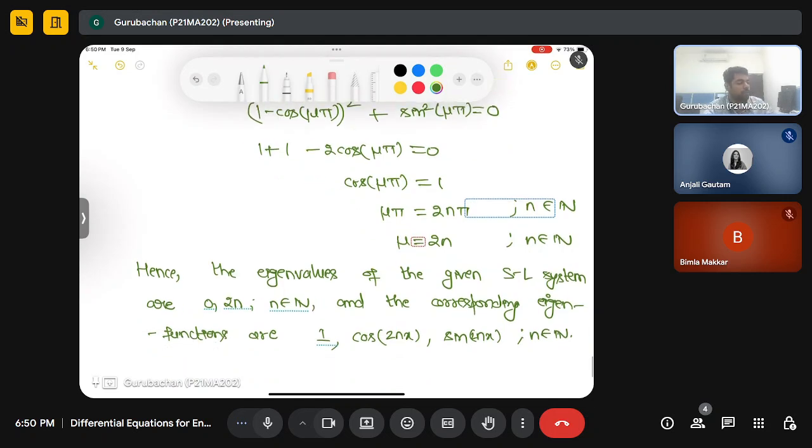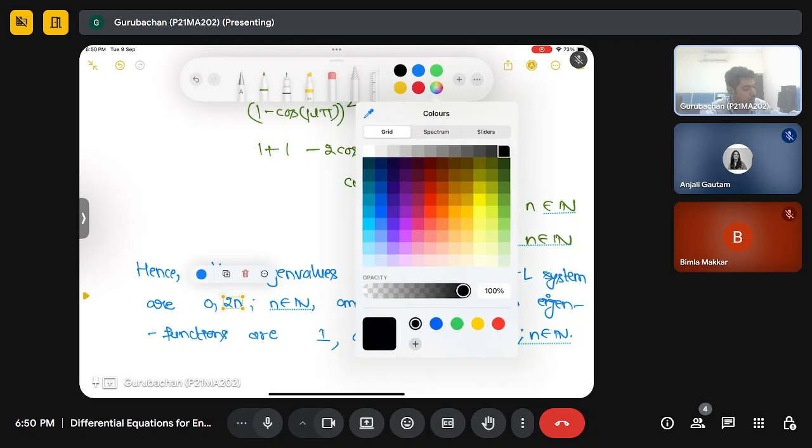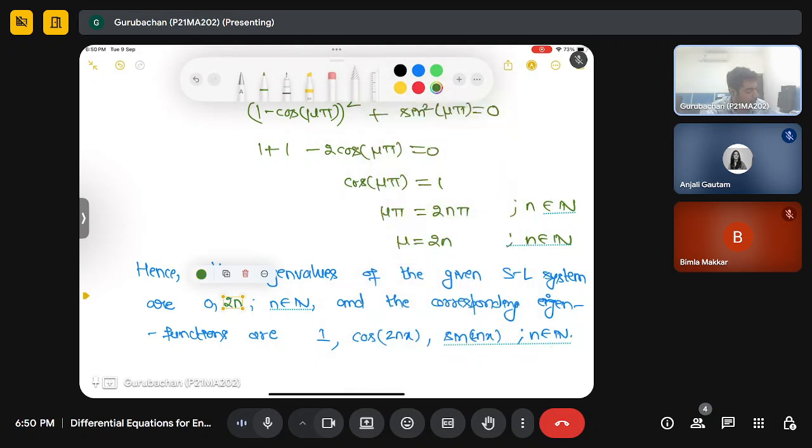Okay, so this is your corresponding eigenvalue and eigenfunction for this system. We can put some color here so that you can find out which is the corresponding eigenfunction and corresponding eigenvalue. So this is an eigenvalue and the corresponding eigenfunction is this.